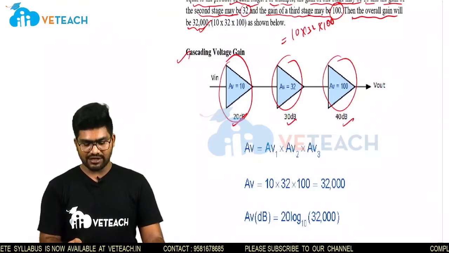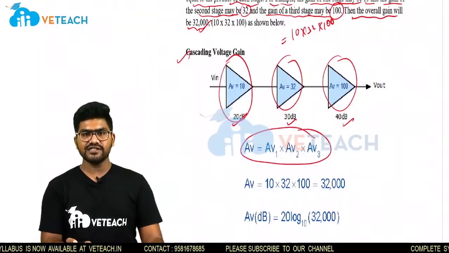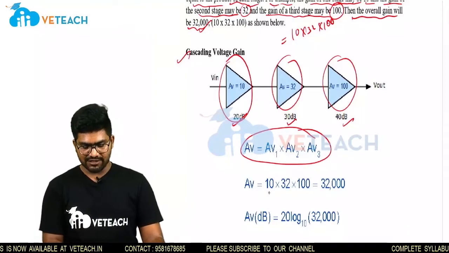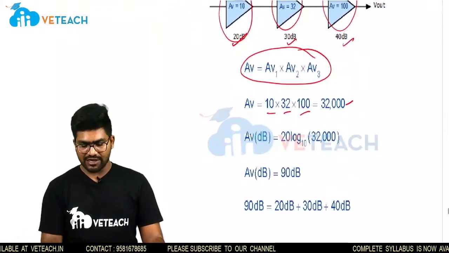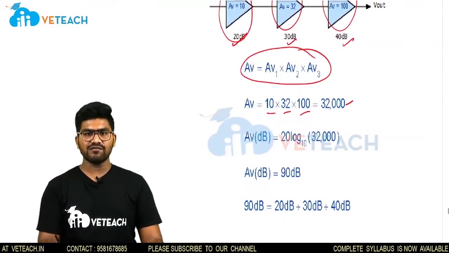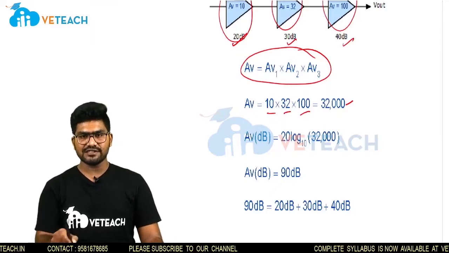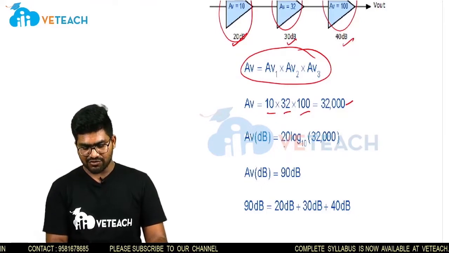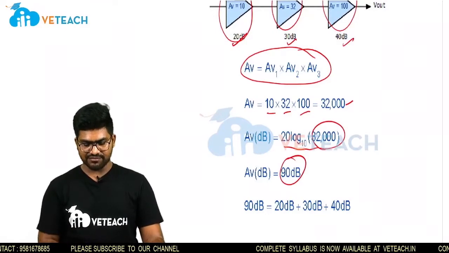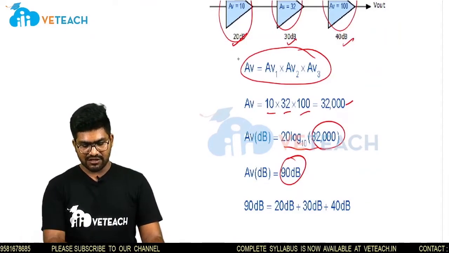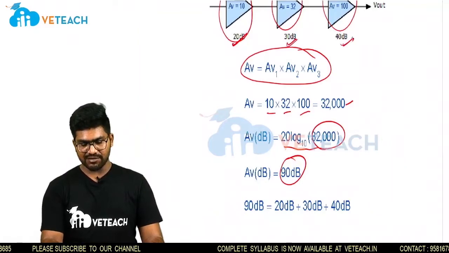If I want to calculate the total gain of these three stages, that gives 10 into 32 into 100, which is 32,000. This is the normal value. To calculate it in decibels, it becomes 20 log 32,000, which gives us 90 dB. Here we have already seen 20 dB plus 30 dB plus 40 dB.